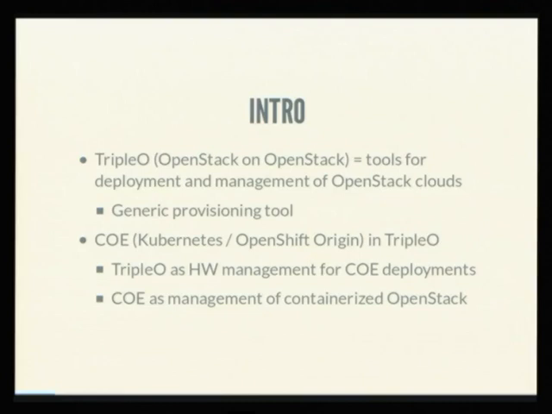The logical next step would be to replace those in-house custom tools with something that's used in the whole community, like Kubernetes or OpenShift Origin, so that we don't have to roll so much of our own code, and we can benefit from what others are already building.